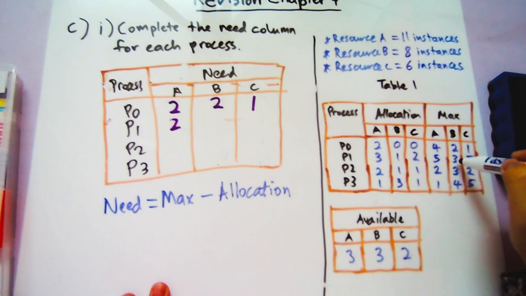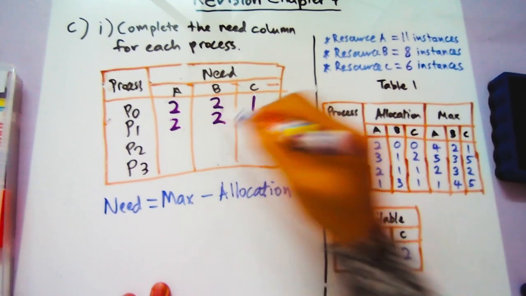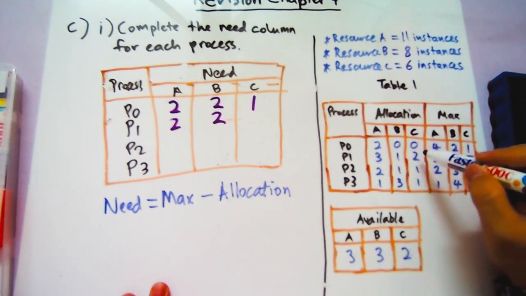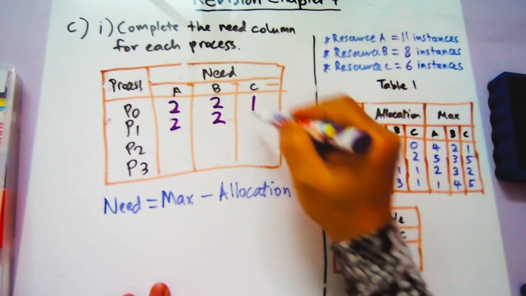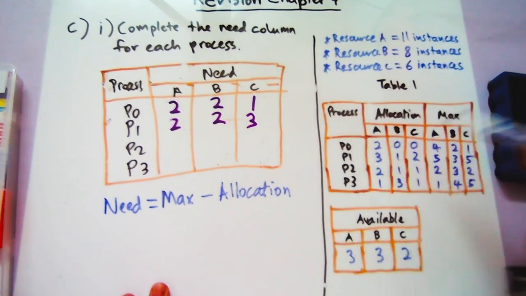For resource B, the max is 3 and the allocation is 1, so 3 minus 1 equals 2. For resource C, the maximum value is 5 and the allocation value is 2, so 5 minus 2 equals 3. Let's move on to process P2.